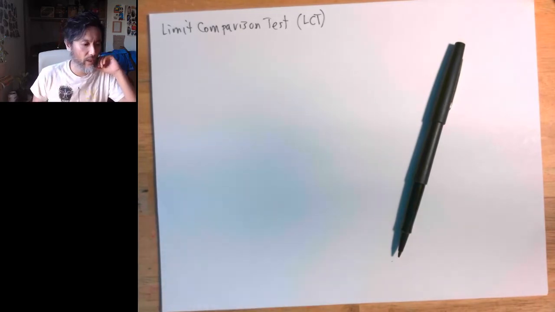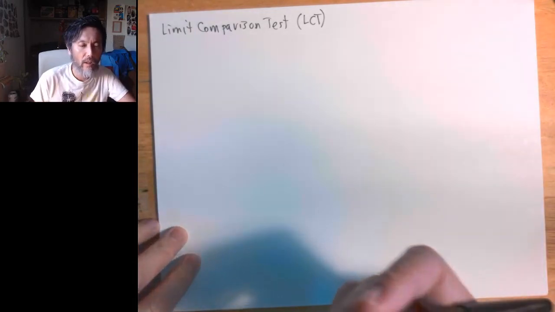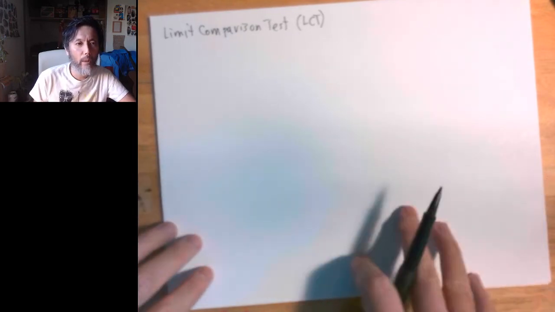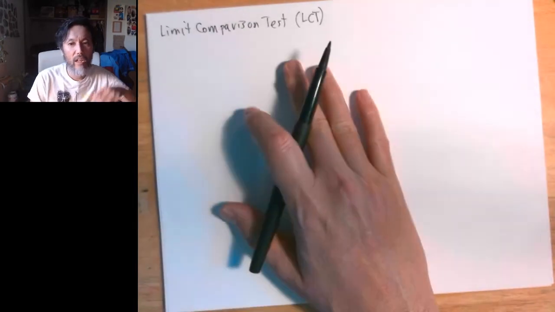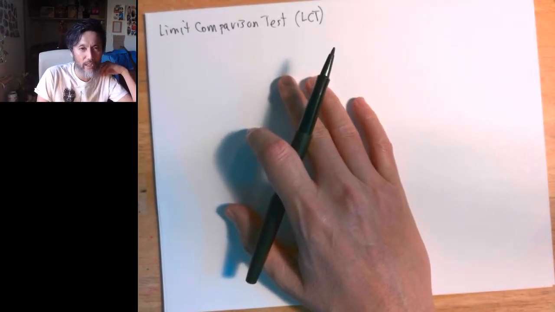Anyway, so where was I? Limit comparison test, right? This is another convergence test for improper integrals. By the way, a lot of what we're doing right now is going to get repeated again, but in the context of what are called infinite series. So if you don't care about improper integrals, that's fine.